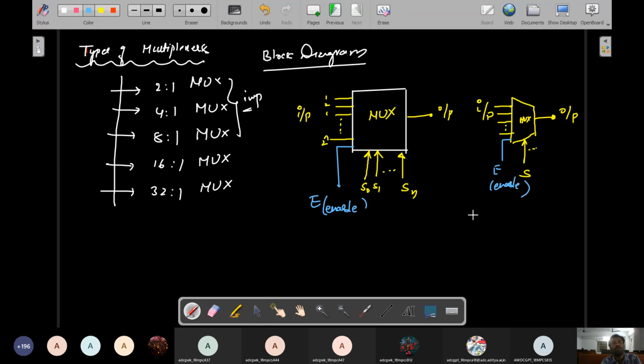So this is the general block diagram of a multiplexer, and this is the IC diagram, for a multiplexer with 2 power n inputs. Right now I'll explain the 2:1 multiplexer first, then the 4:1, and after that the 8:1 multiplexers. We will discuss these multiplexers in this class.